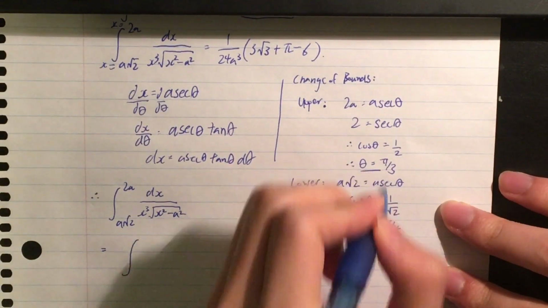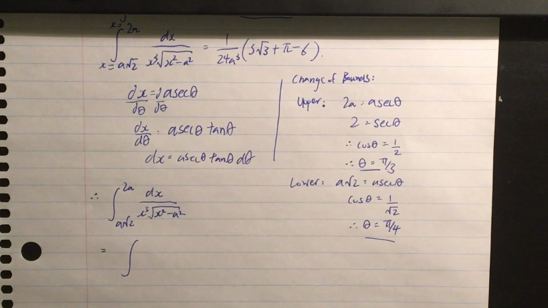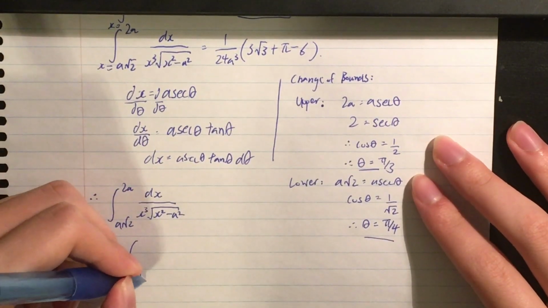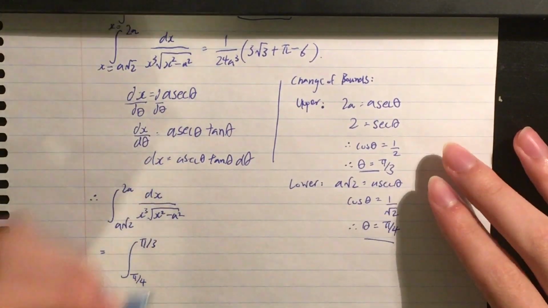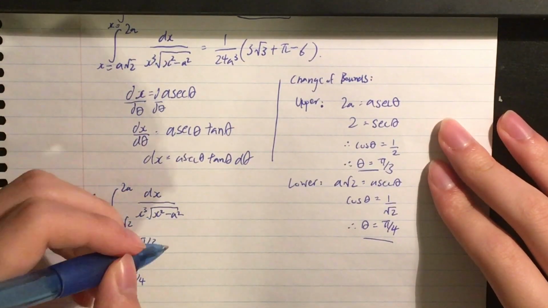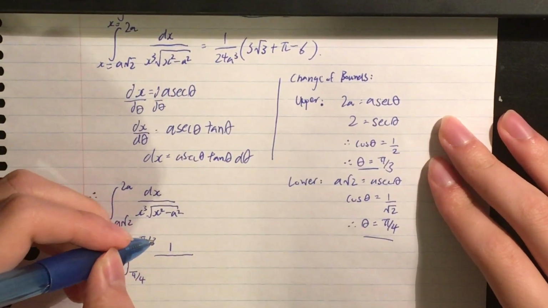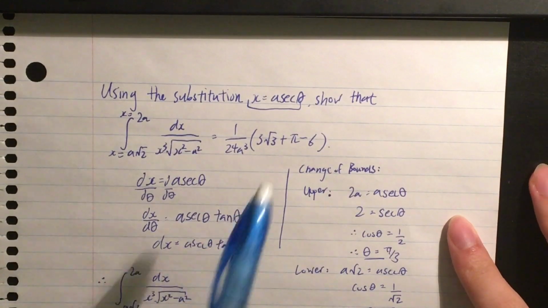So these are actually our new bounds here. So that'll be going from pi over 4 to pi over 3 of 1 over, and remember that x equals a secant theta.